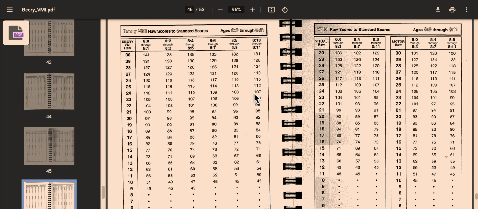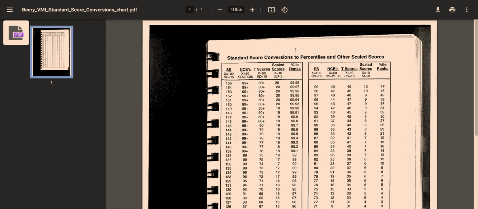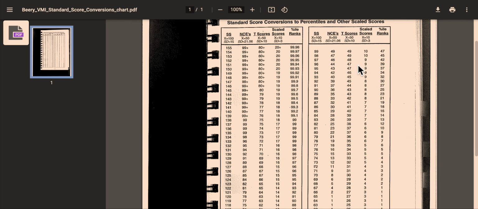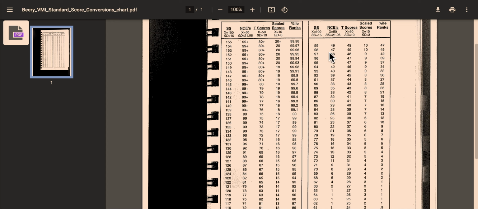I am now taking this information and I'm going to go to the standard score conversion to percentile chart. I am looking at the standard score that I just got on the previous chart. So the Beery VMI form, they had a standard score of 74, which is a scaled score of 5 and a percentile rank of 4.